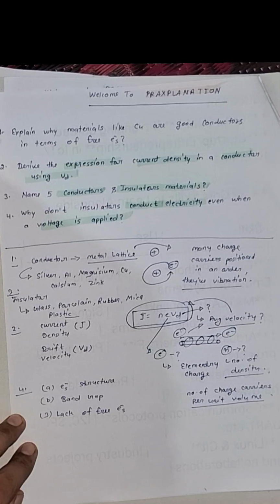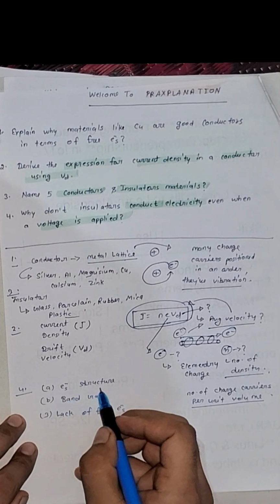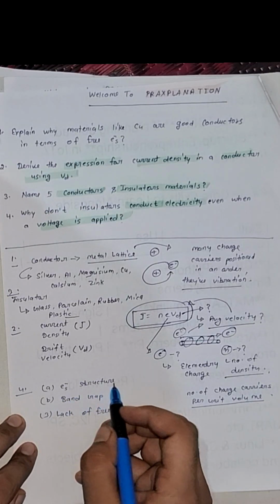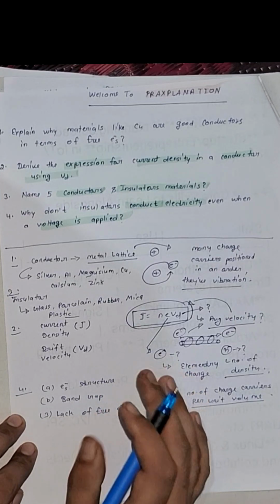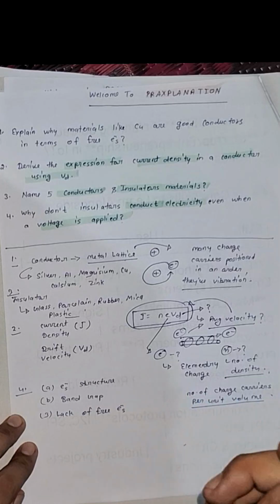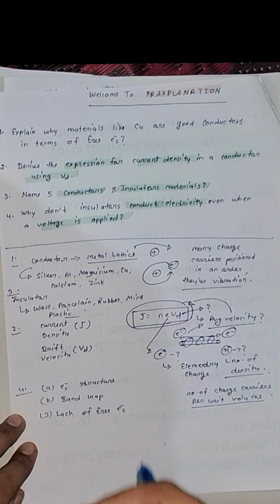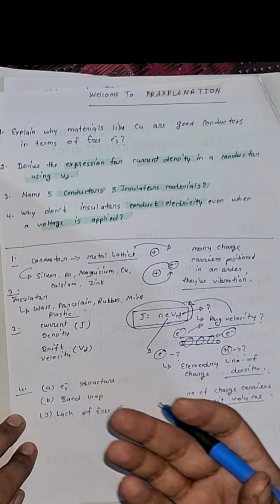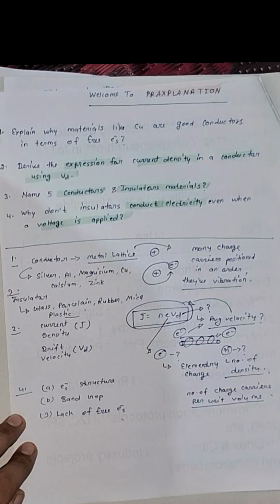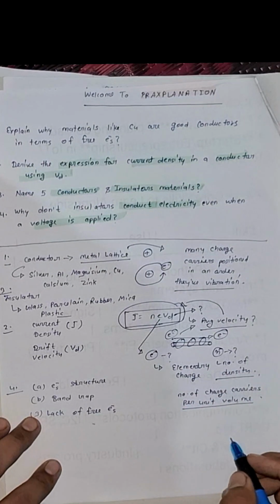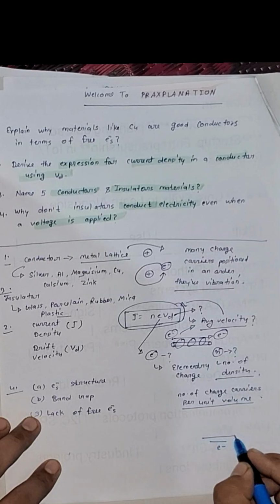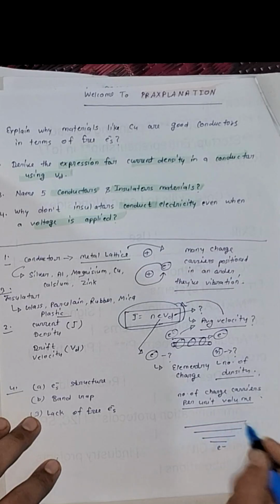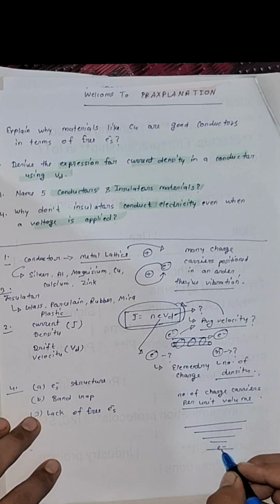Now let's understand one by one. Our first reason is electron structure. What does this mean? It means atoms have electrons tightly bound in their orbitals. These electrons don't move freely. They require a significant amount of energy to break free and move. We can say this is one level, the path of the electrons. Our electrons are here.